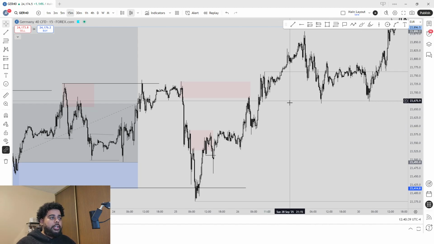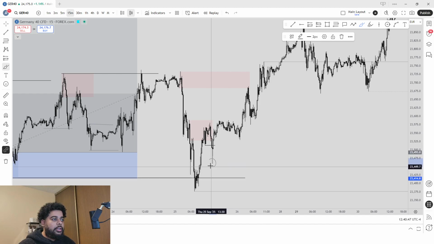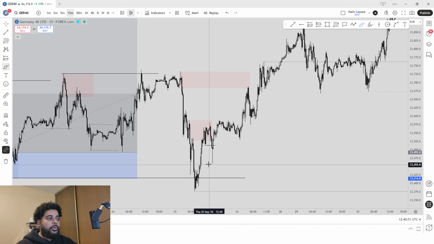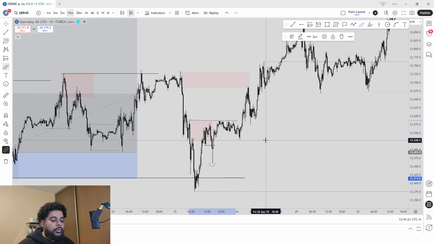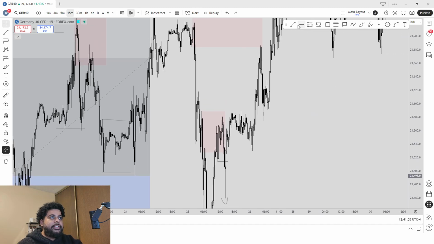So we have a move up after taking all this liquidity. Now I did not enter here either. All I waited for was a liquidity block to form, which it did right here, and then we had a move up, taking out this high. However, it was respecting this high over here. And then what we get after respecting the high is simple.